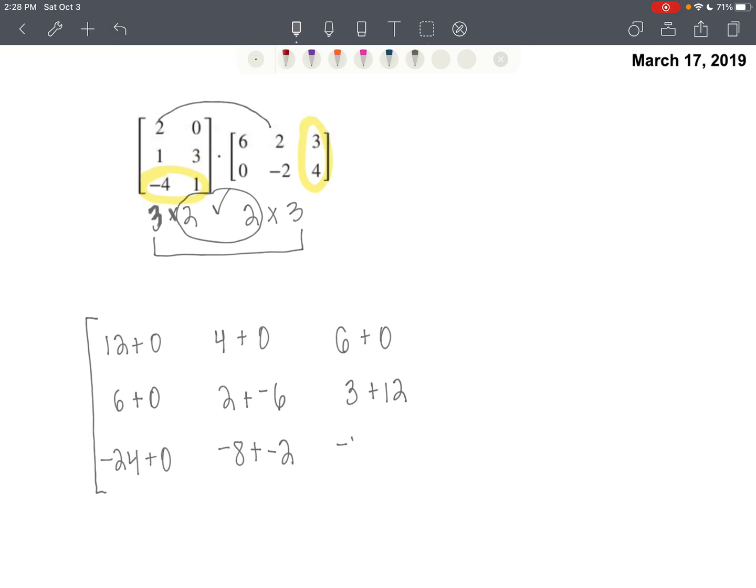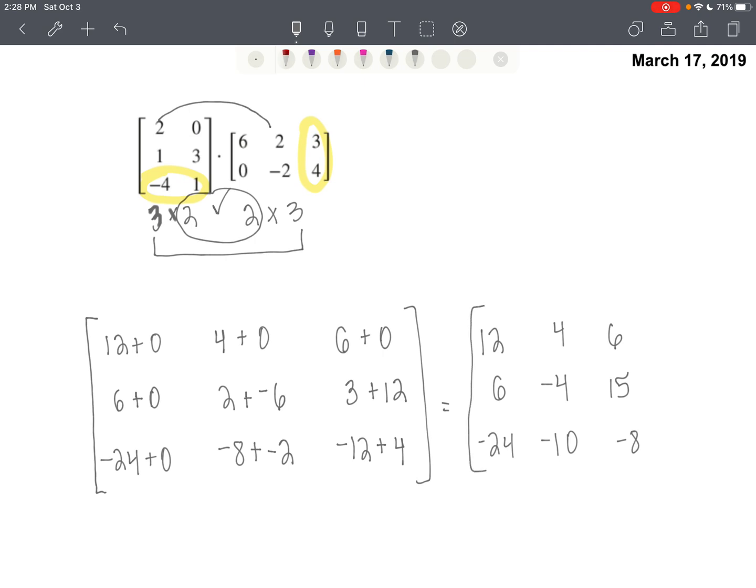And negative 4 times 3 is negative 12, and 1 times 4 is 4. So we've got 12, 4, 6, 6, negative 4, 15, and negative 24, negative 10, negative 8. That is our result of multiplying these two matrices together.